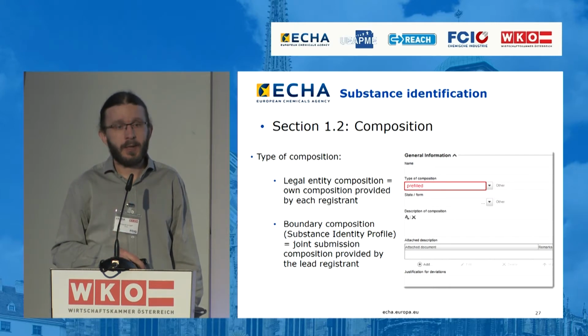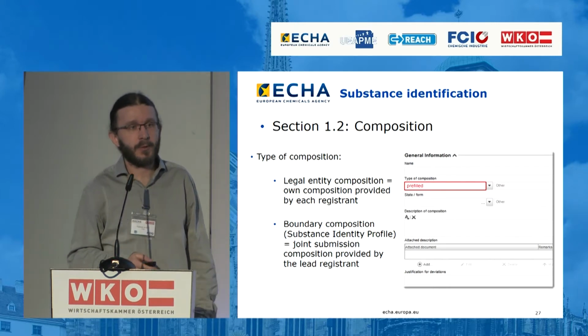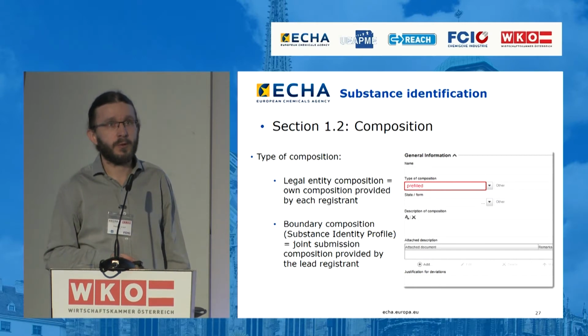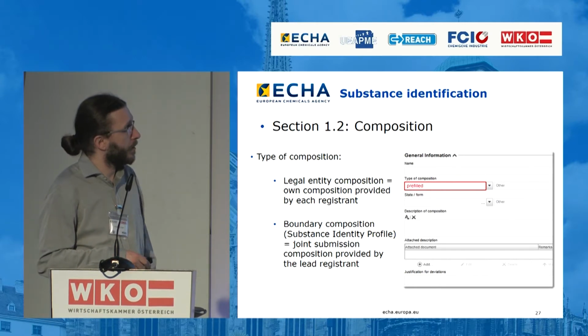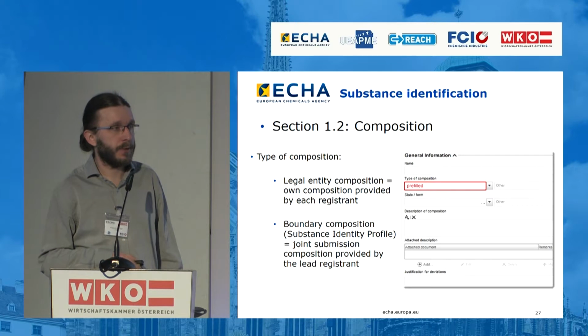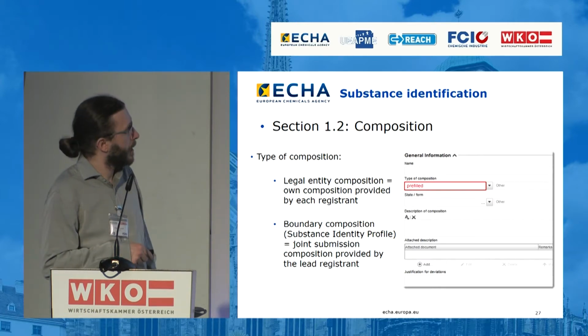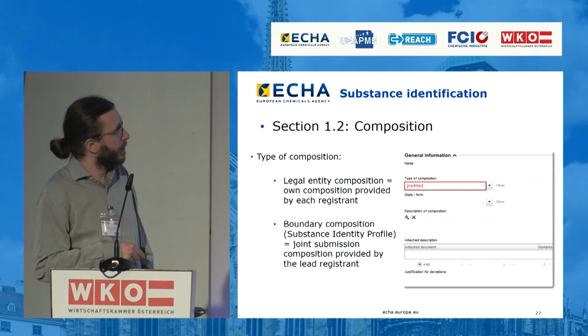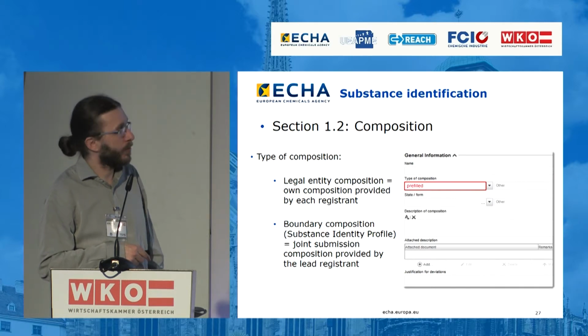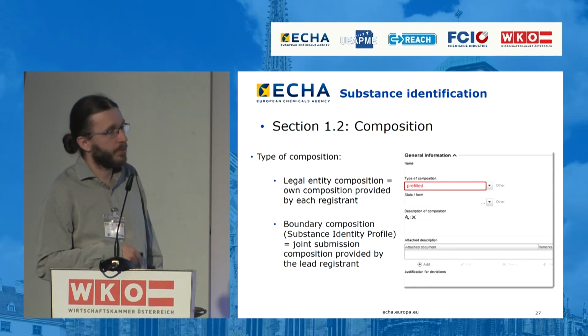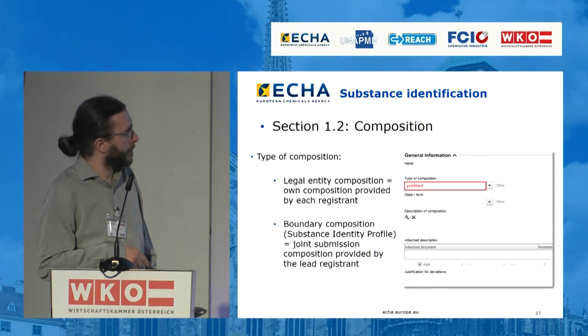In this area of the application, it's quite important to select the type of composition you provide. In all registration dossiers, we expect a legal entity composition, so your own composition with your own impurities and constituents. And this is done by using this type of composition. So each registrant will select legal entity composition to provide this data.